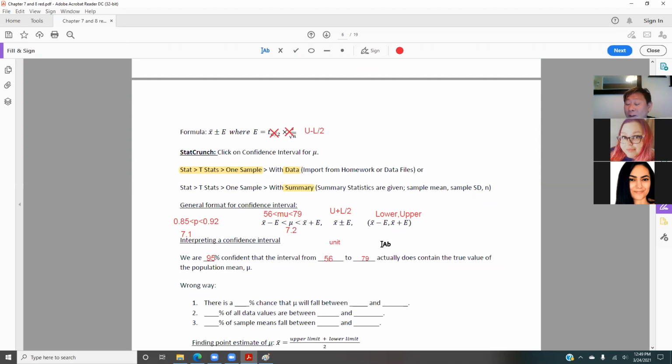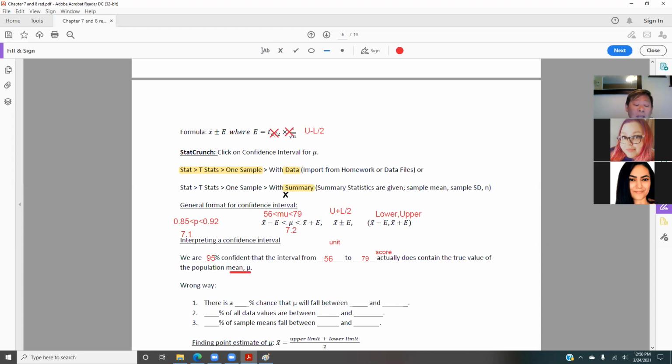Because this is a quantitative variable, it's 56 to 79 score, if you're talking about test score, does contain the true value of the population mean. And again, this is the mean here. In 7.1, we use proportion p. So it's actually the same thing, it's just changing the mean to proportion.